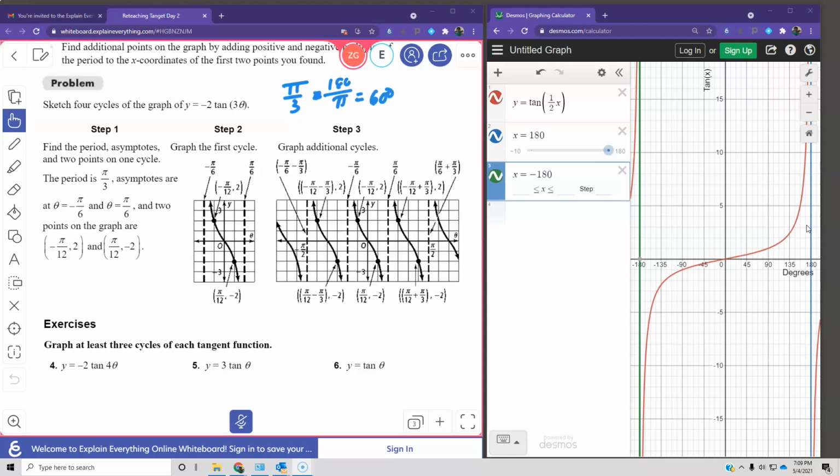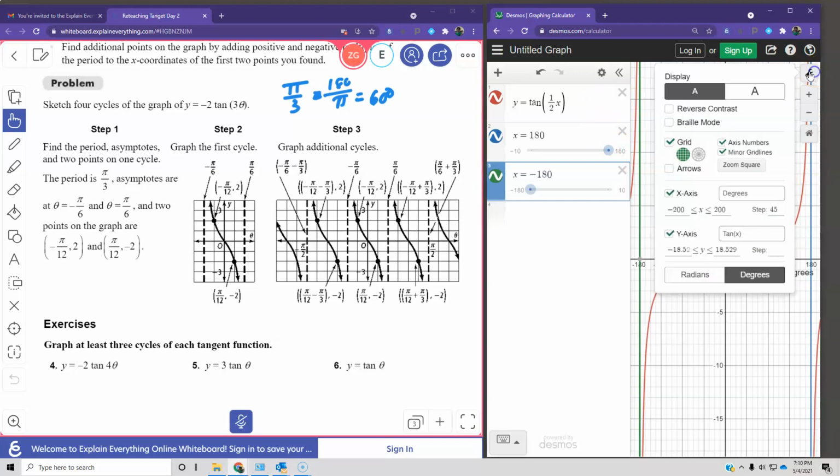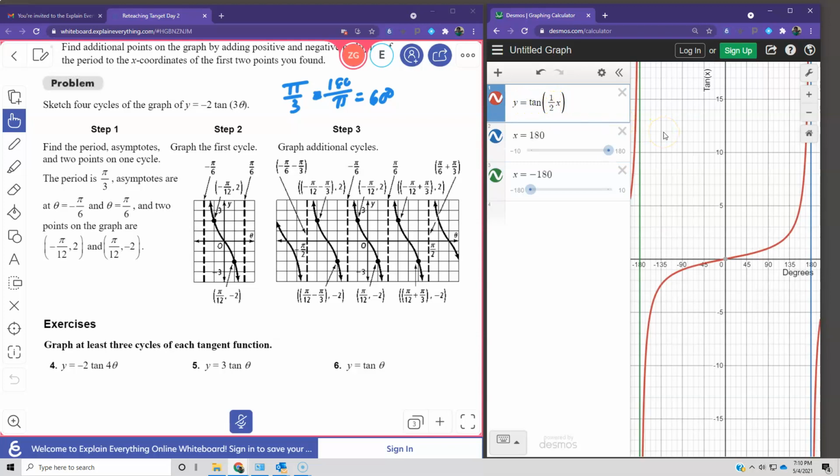So I know that it's going to take 60 degrees to go over one period. So 3 times 60 is 180. I think negative 200 to 200 will be okay as the range for the degrees.